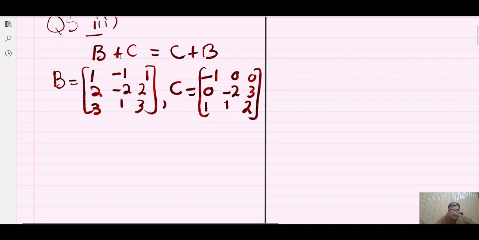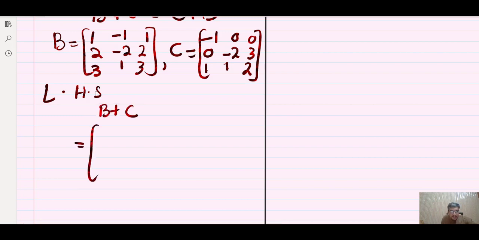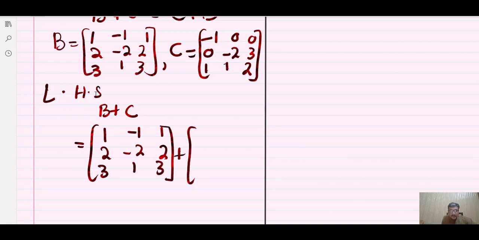So first of all we are going to solve this side, the left hand side, that is B plus C. Left hand side, B plus C, is equal to the B matrix, 1 minus 1 1, 2 minus 2 2, 3 1 3, added with the C matrix, minus 1 0 0, 0 minus 2 3, 1 1 2.